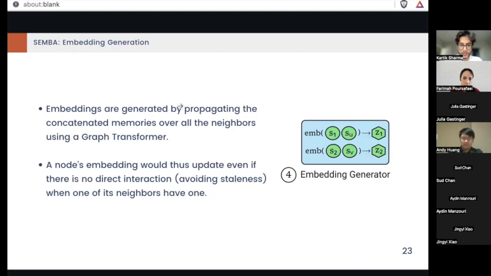We propagate the memories over all the neighbors, and we do this using a graph transformer here. That's how a different set of neighbors would also be easily included, as was asked, because we are using a GNN kind of network. And this would also avoid staleness, because a node's embedding would be updated even if there is no direct interaction.